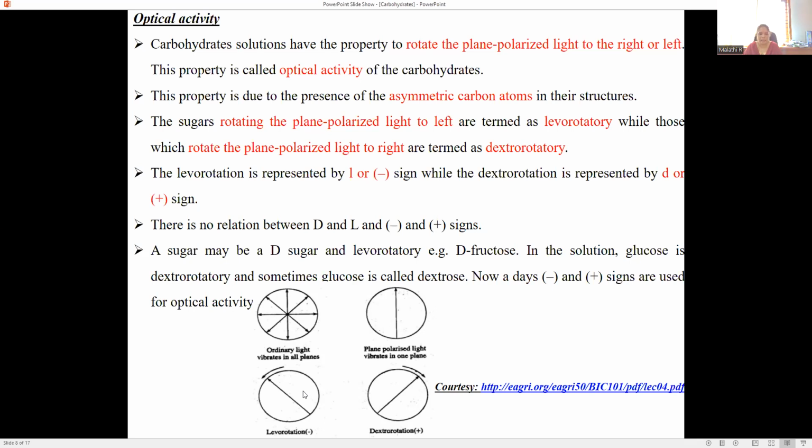In case the solution has fructose, fructose can rotate the plane of polarized light towards the left. You can see the arrow mark. This plane of polarized light turns towards the left. Then the particular fructose is designated as levorotatory, and you denote it with the negative sign.